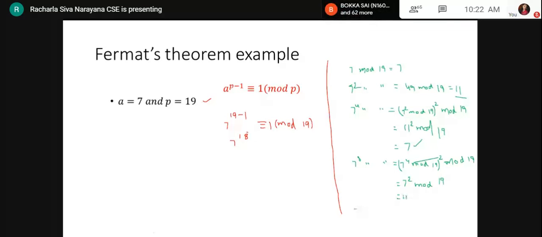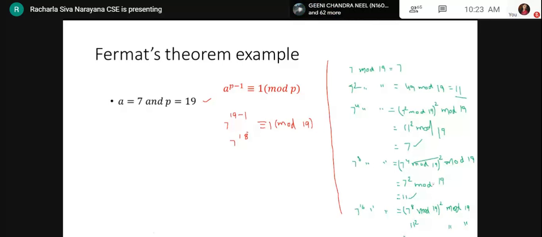Now 7 power 16 mod 19. We take 7 power 8 mod 19, whole square, mod 19. 7 power 8 mod 19 value is 11.